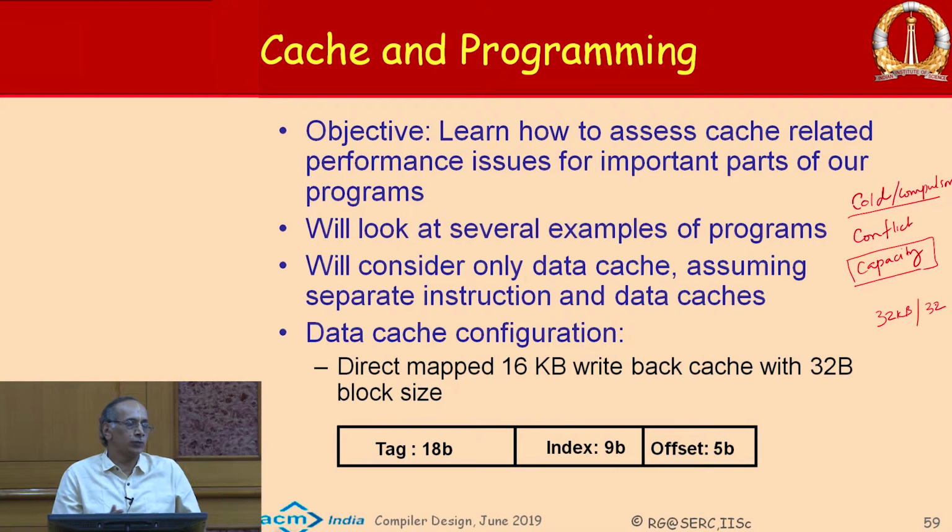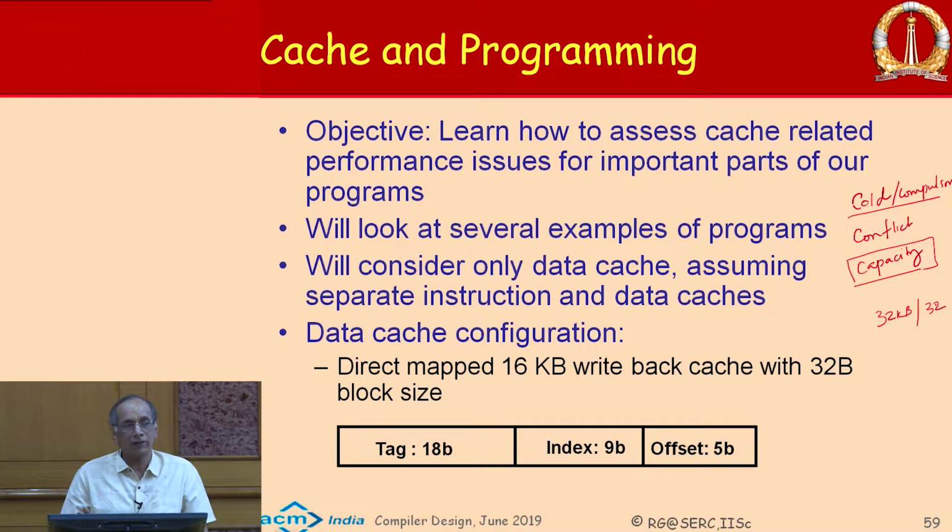If you are going to access data which is beyond 1K blocks, then irrespective of what you do, it is going to give a miss. Up to 1K only is what you can hold, and beyond that, anything you try to access, even though you may want it to be in the cache, is not going to be there. I'll give you some examples of this in the next slide. Because of my limited capacity, any such miss is essentially a capacity miss.